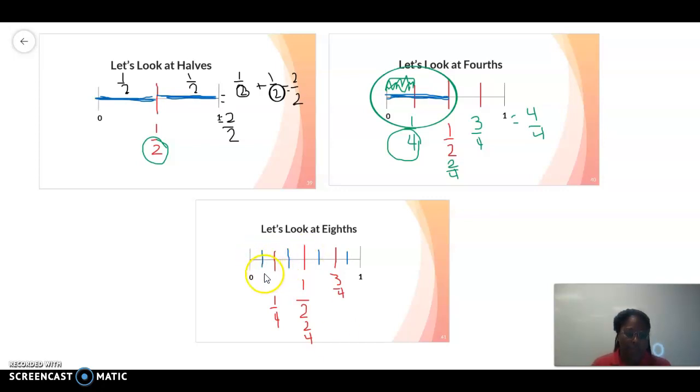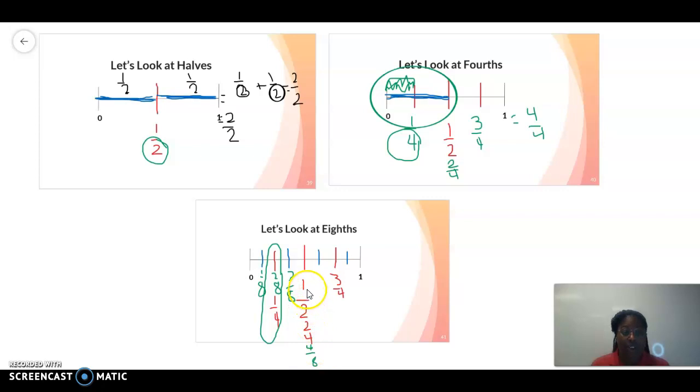So my first marker is 1/8. And then I have 2/8. So you should see some equivalent fractions here. 2/8 is equivalent to 1/4. I have 3/8. And I have 4/8 here. Well, wow.